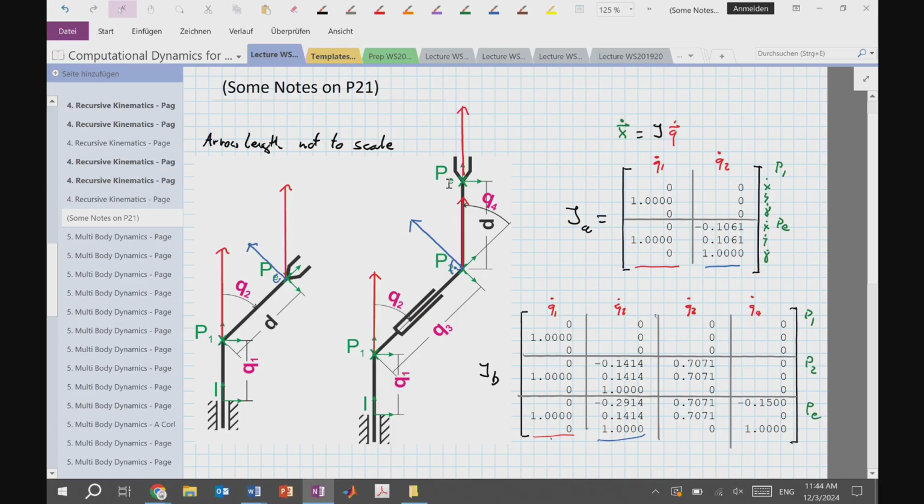Where's PE moving to as a consequence of a motion in joint 2? Right? What direction should I draw the arrow at this end effector PE? Yes, orthogonal to the vector between P1 and PE.